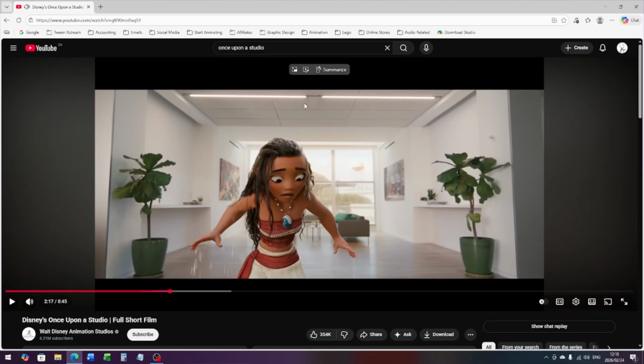But look when Flounder, I think the fish's name is Flounder, drops in her hand.